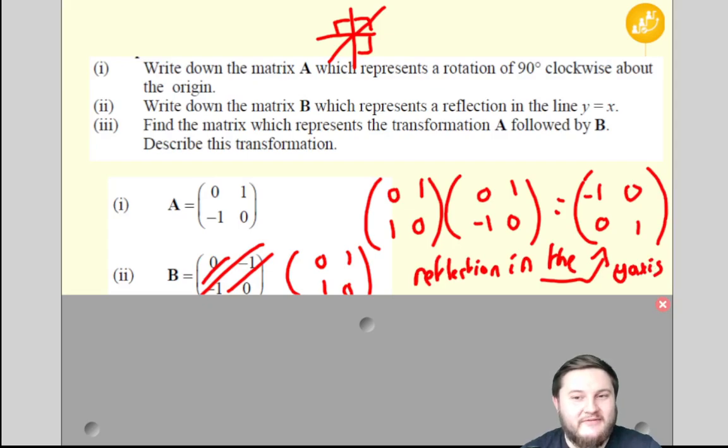So a rotation 90 degrees clockwise and a reflection in the line y equals x gives a reflection in the y-axis as one transformation. So when they say describe the combined transformation, sometimes it's actually a different transformation that you already know from your revision flashcards. Negative 1, 0, 0, 1 is a reflection in the y-axis.